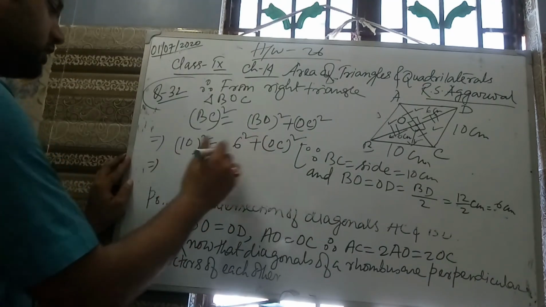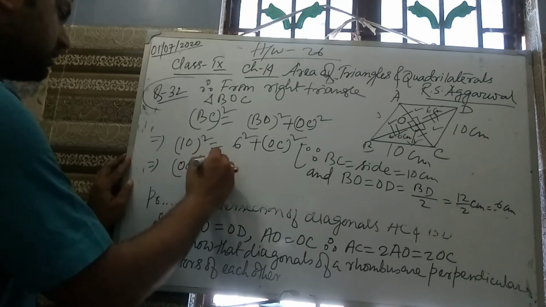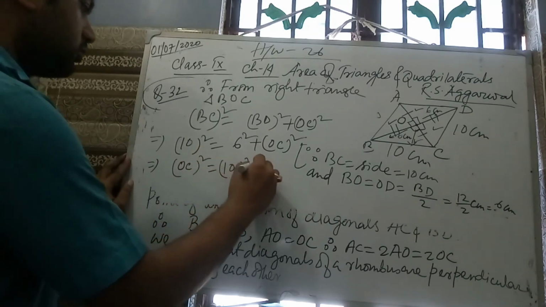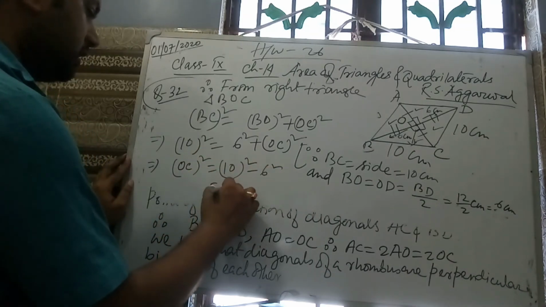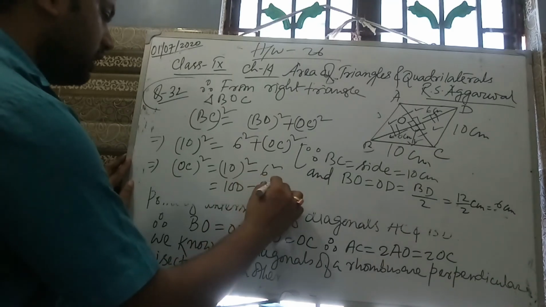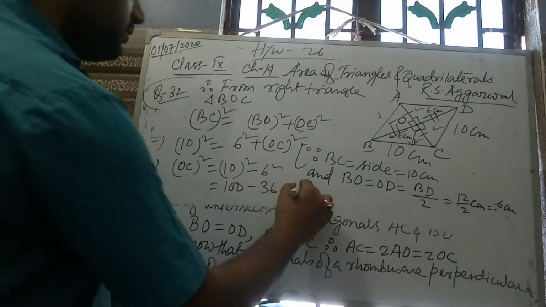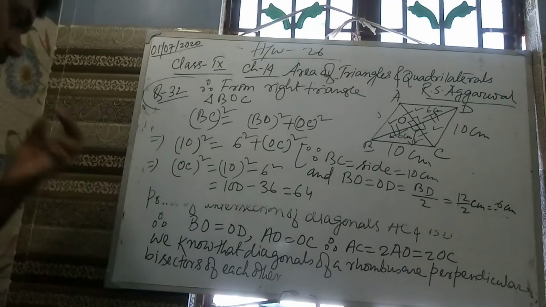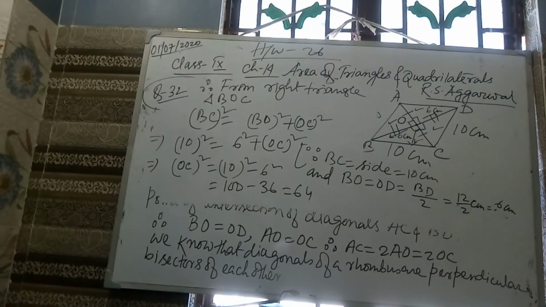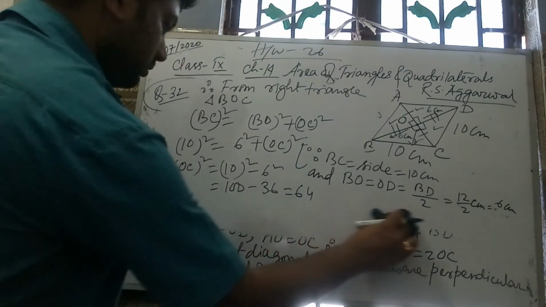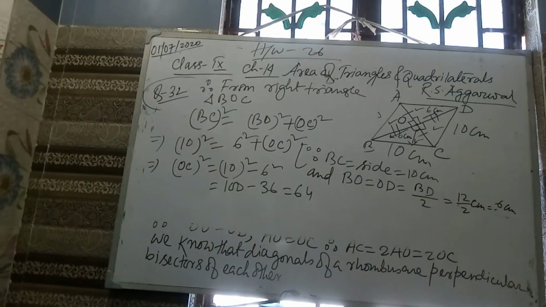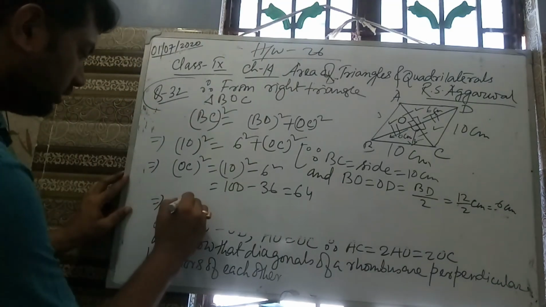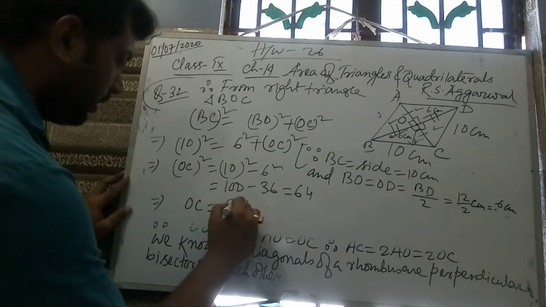Now OC square equals 10 square minus 6 square, that is 100 minus 36 equals 64.